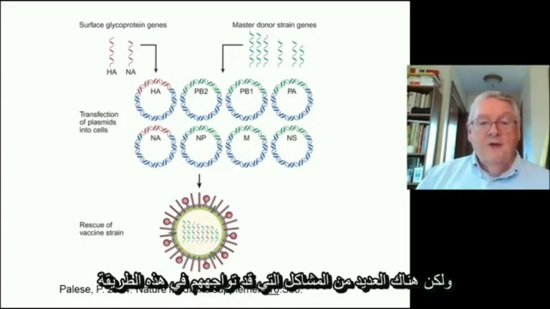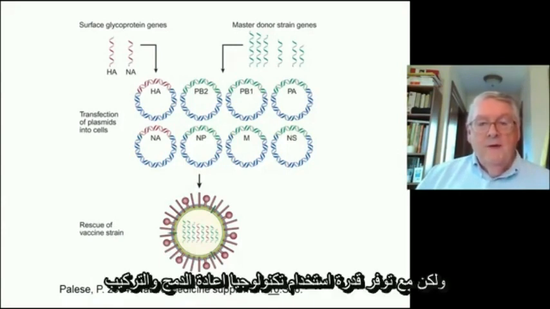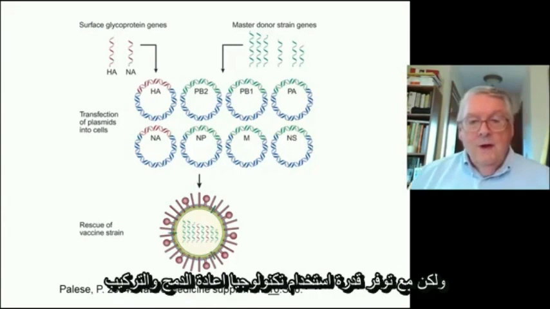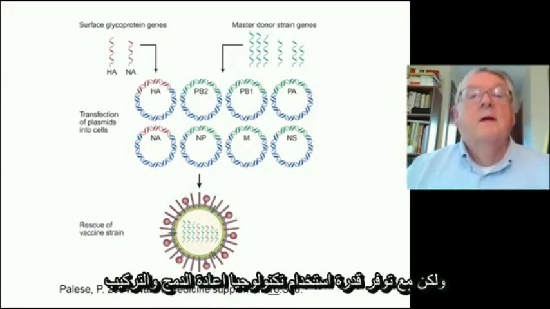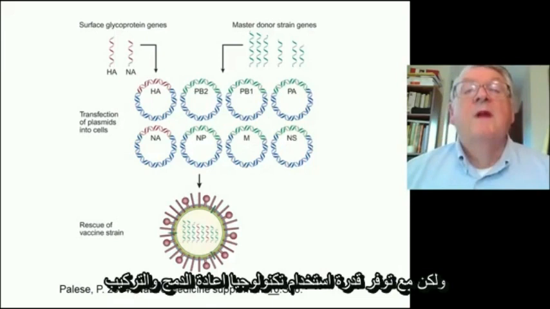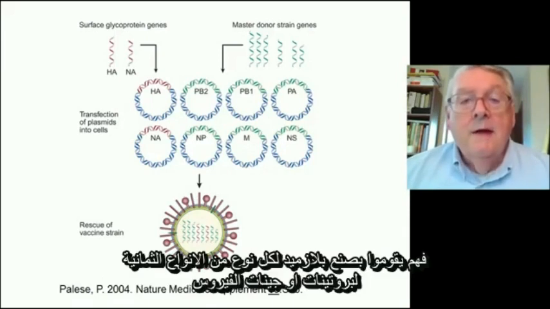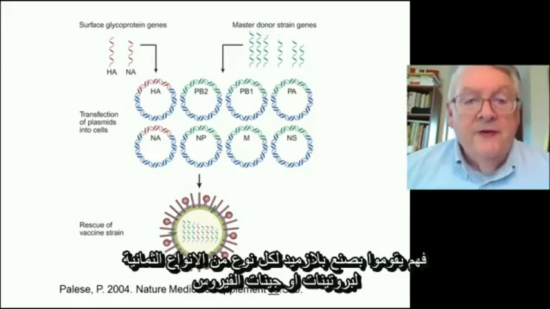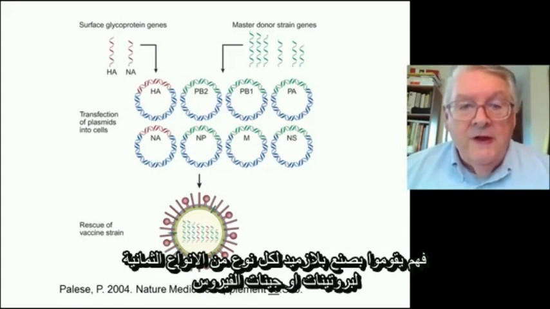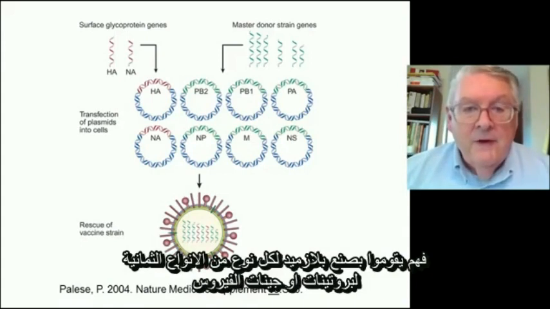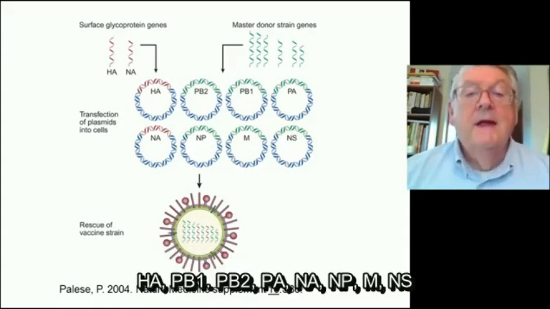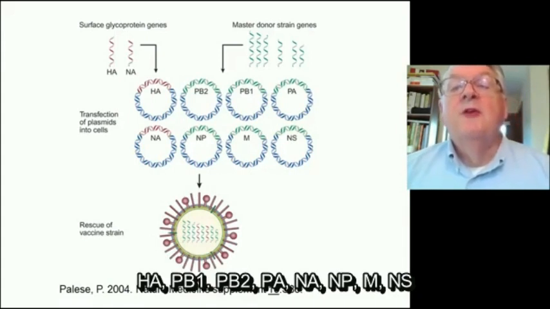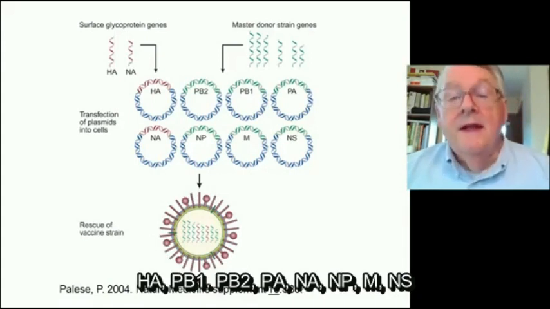But you had all kinds of problems with that. With the ability to use recombinant technology, what they've done now is to make plasmids of each of the 8 genes for the virus, the HA and the NA, and the PB1, PB2, PA, NP, M, and NS.